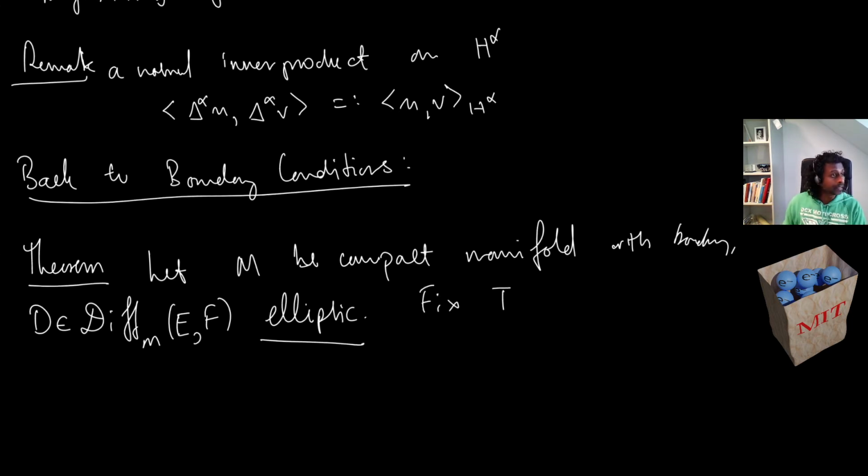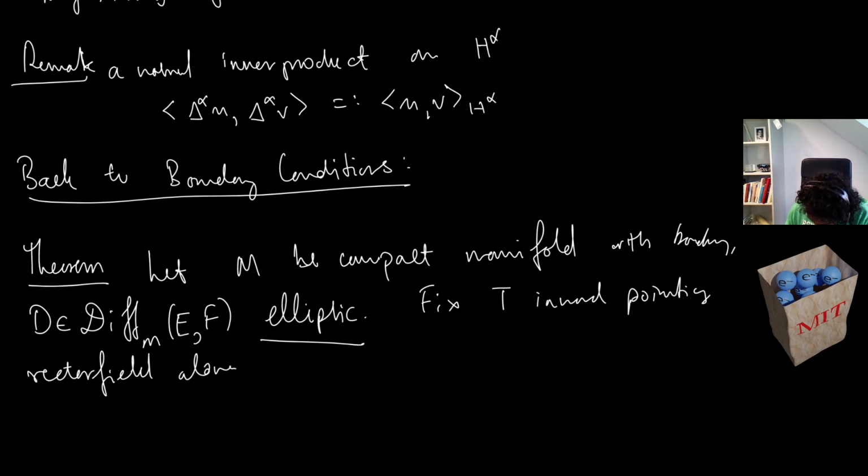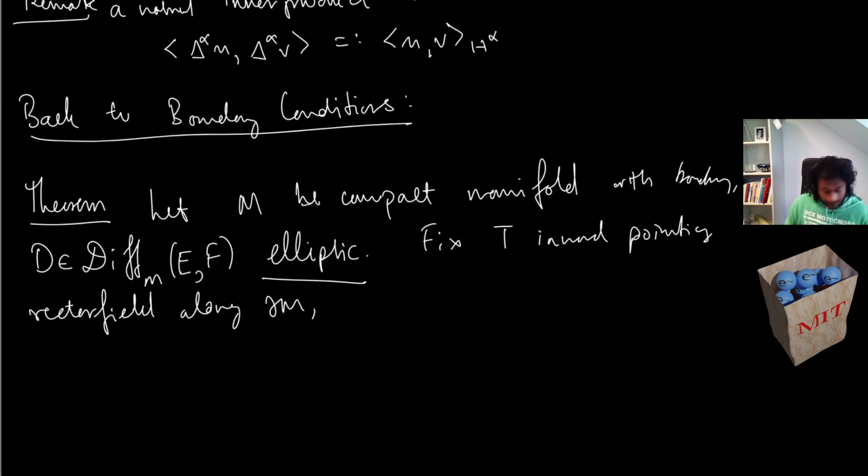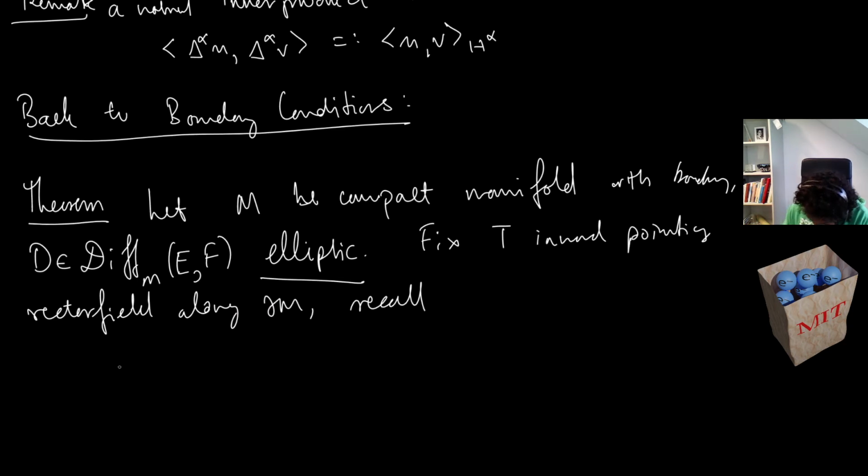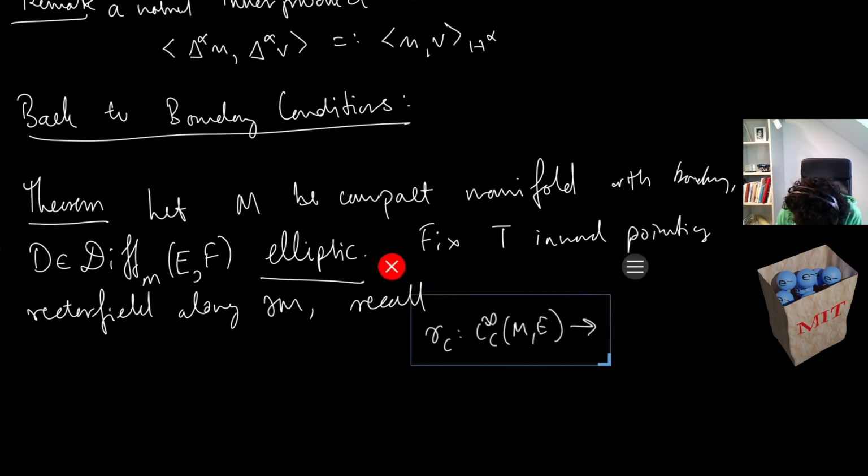Fix T to be an inward pointing vector field along the boundary, and recall gamma C of U. Gamma C is the map that takes us from C infinity of the manifold into E, landing us in, well, maybe I should recall this outside of the theorem.